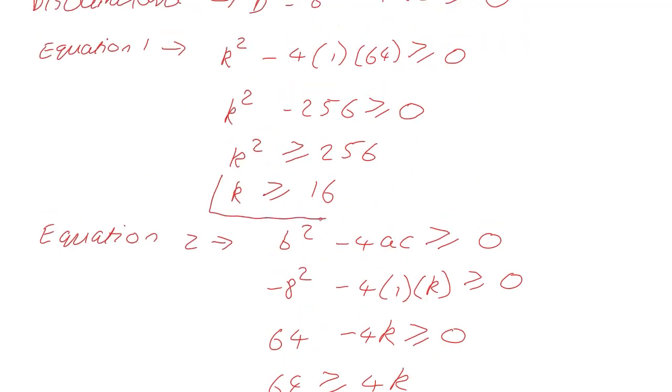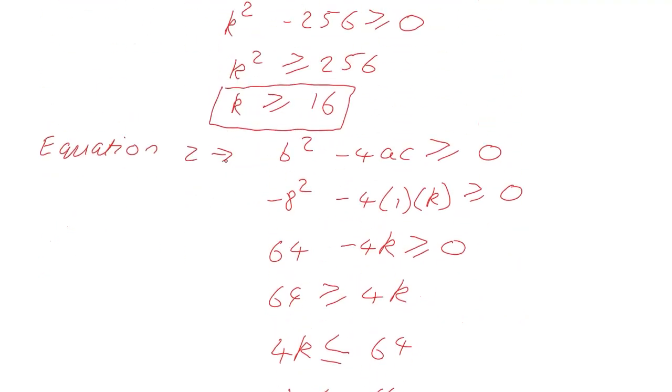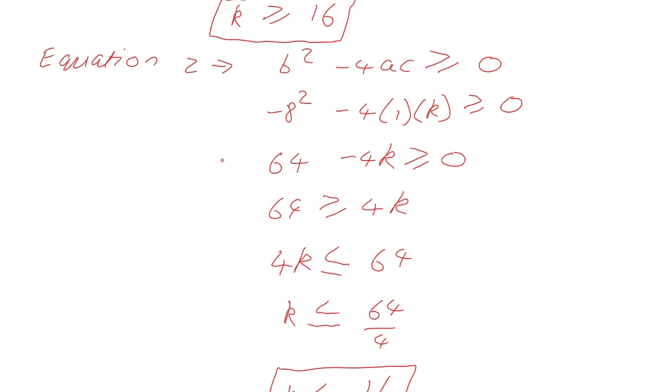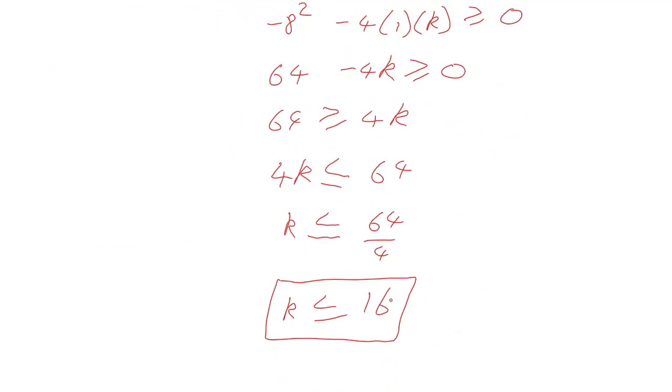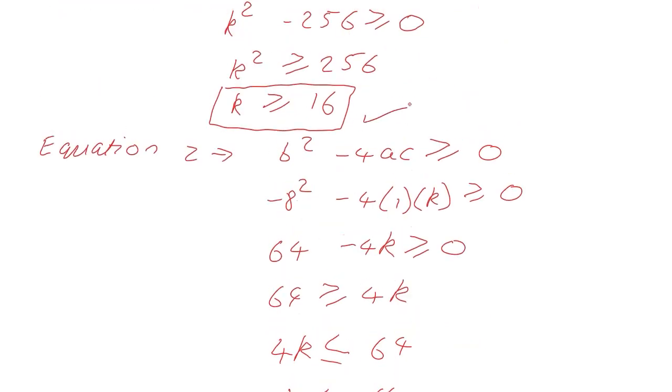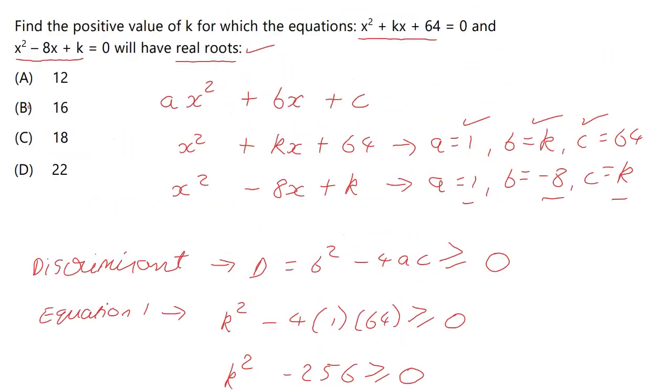I have more than or equal to 16 over here. And the only number for k which is both more than or equal to 16 and less than or equal to 16 is the number 16, and therefore our answer is B.